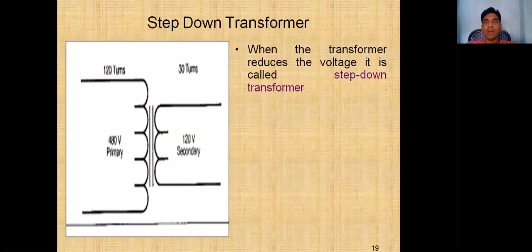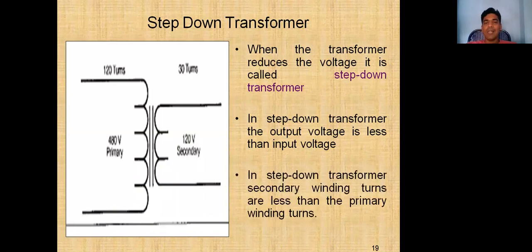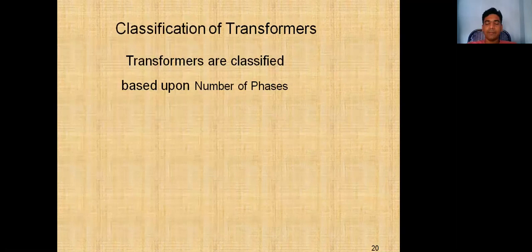When the transformer reduces the voltage, it is called a step-down transformer. In a step-down transformer, the output voltage is less than the input voltage, and the secondary winding turns are less than the primary winding turns.